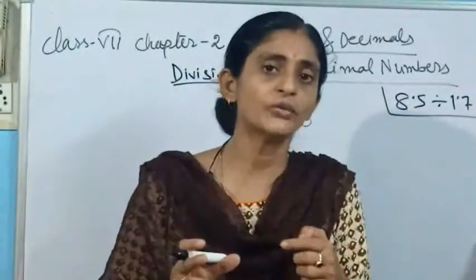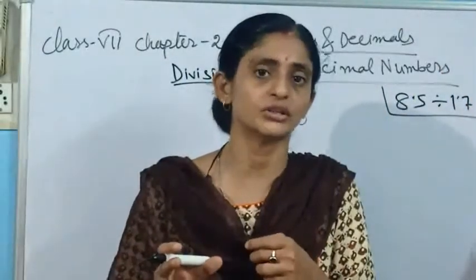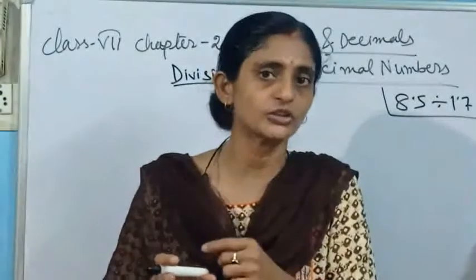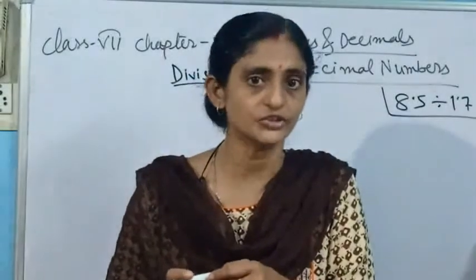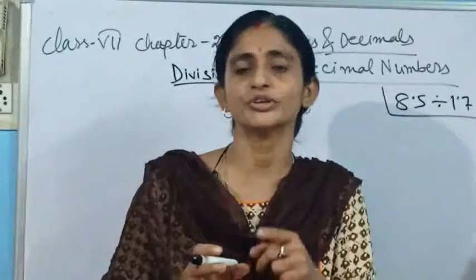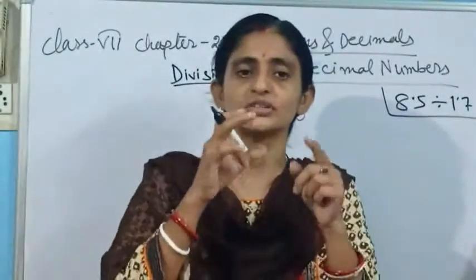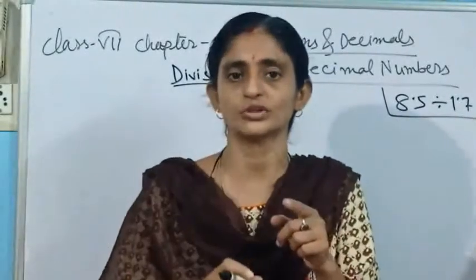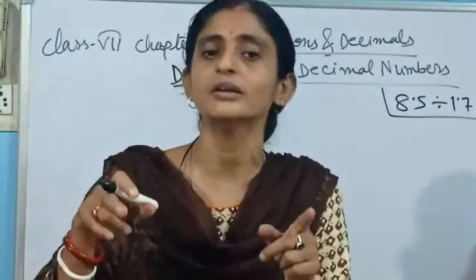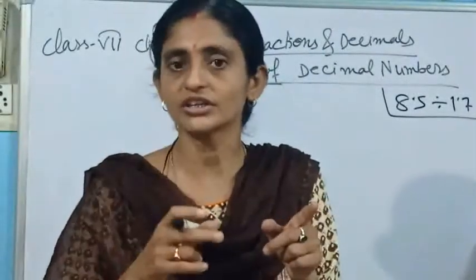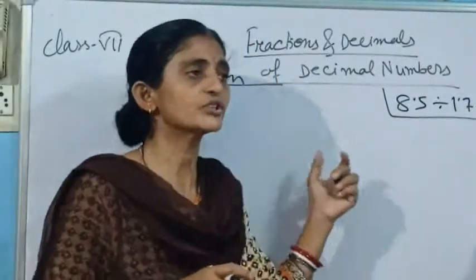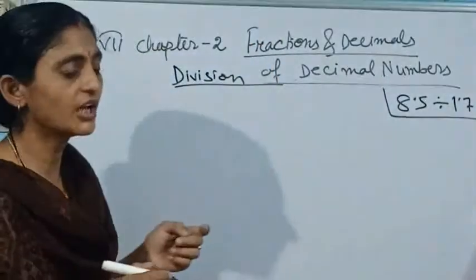Like if you are asked to change centimeter to meter, you put the decimal over there, and what you are actually doing is division, because 1 centimeter equals 1 by 100 meters. If a number is given in centimeters, you just write that number and multiply by 1 by 100 to get the answer in meters. So in this way, first we will discuss dividing the number by 10, 100, 1000.